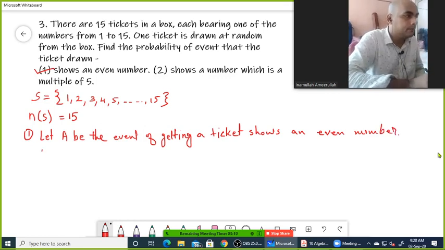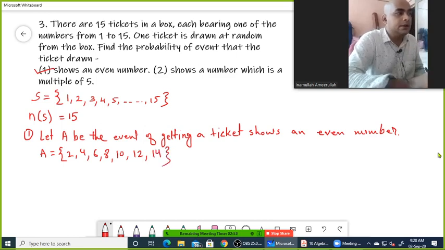Now, 2, 4, 6, 8, 10, 12, 14. These are the tickets which are bearing an even number.